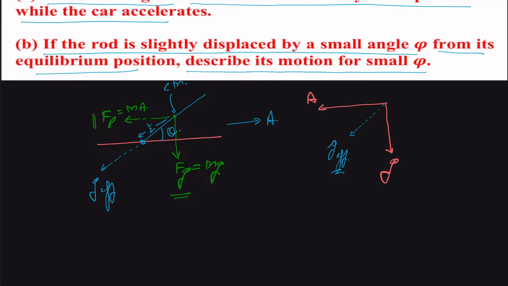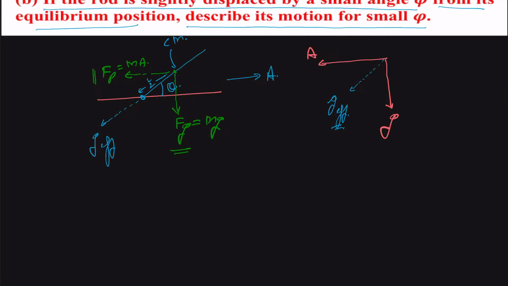Then only this rod will be in equilibrium. In terms of vector notation, we can say that G effective will be equal to G minus A.